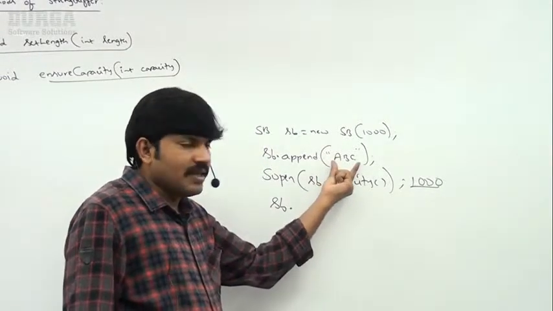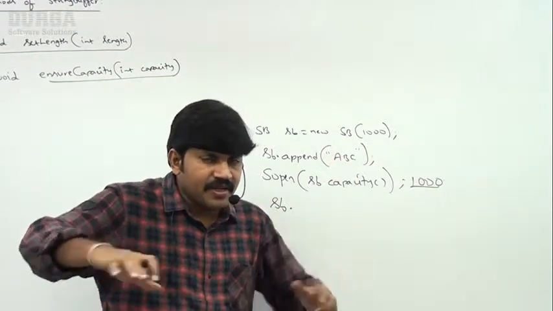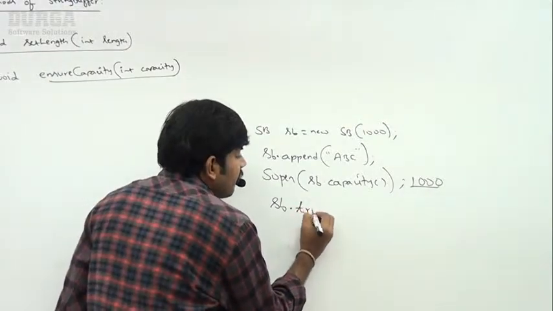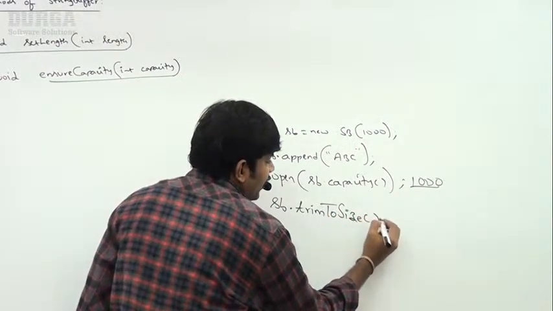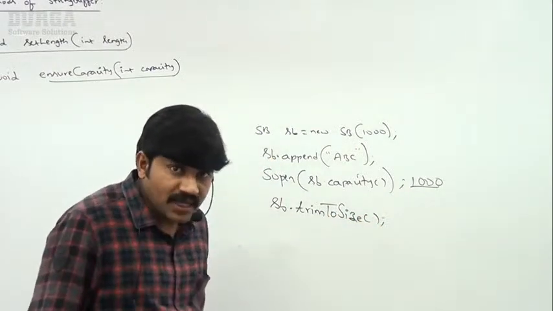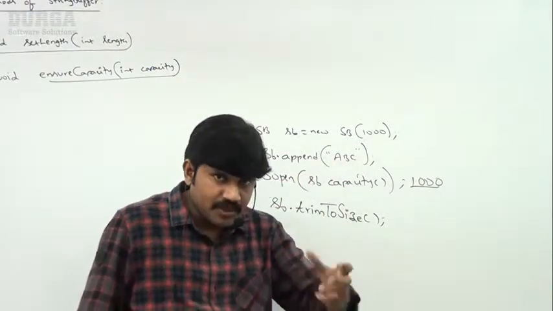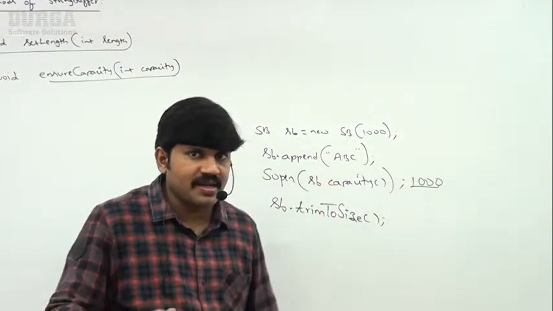Consider up to length only. sb.trimToSize(). Up to these 3 characters only it is going to consider, and the remaining memory will be deallocated.